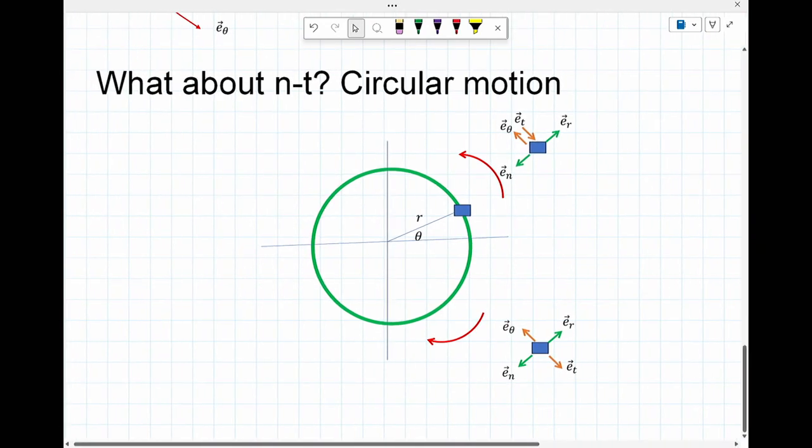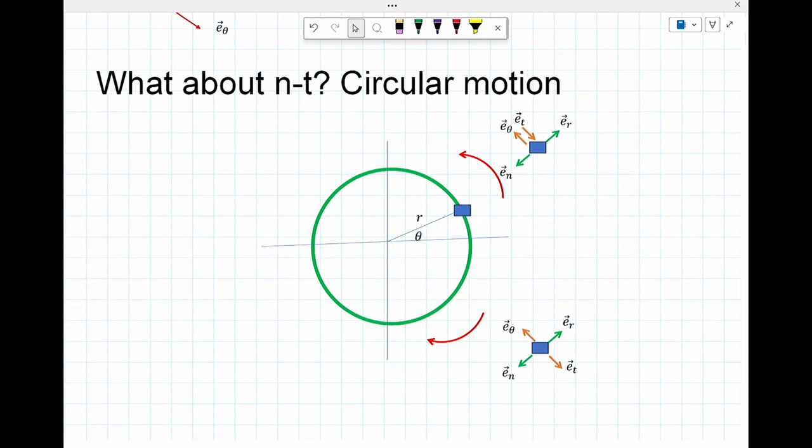So let's imagine I have a particle that's traveling along that green circular path. The blue particle can either go counterclockwise at the top or clockwise at the bottom.